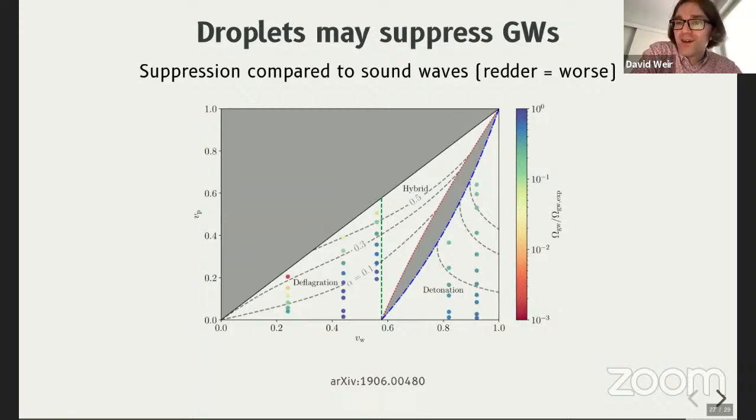Here, this is a plot of wall velocity on the x-axis against the peak fluid velocity on the y-axis. We did a scan of points. The middle colored circles are the points where we simulated the system, and the redder the points are, the lower the gravitational wave signal is than expected.